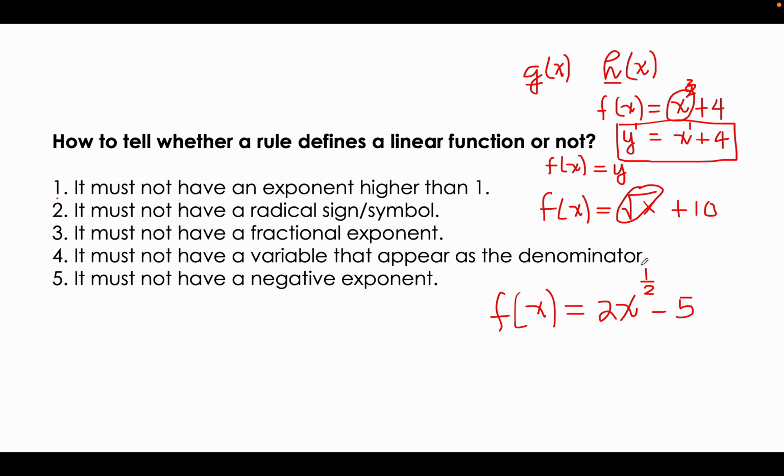So a fractional exponent actually is equivalent to a radical symbol. A fractional exponent is the other way of writing radical symbol. So pareho lang siya na radical symbol. Okay? We can actually write this as 2 square root of x, okay, minus 5. So this is the other way of writing 2x raised to 1/2 in terms of radical symbol. Okay?